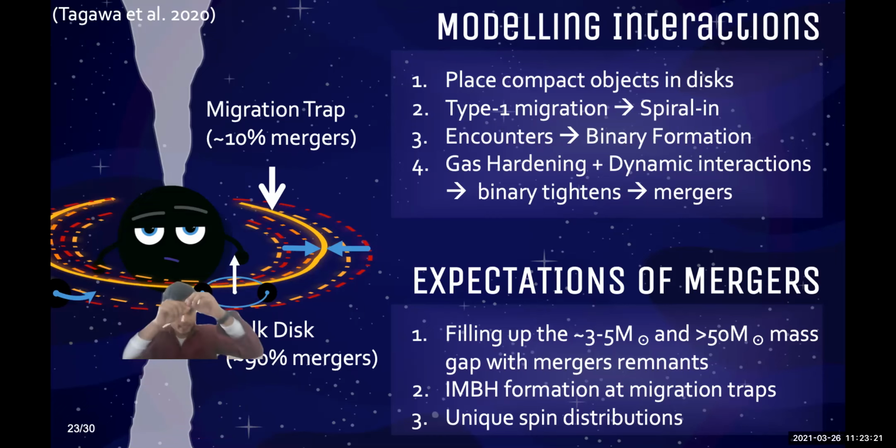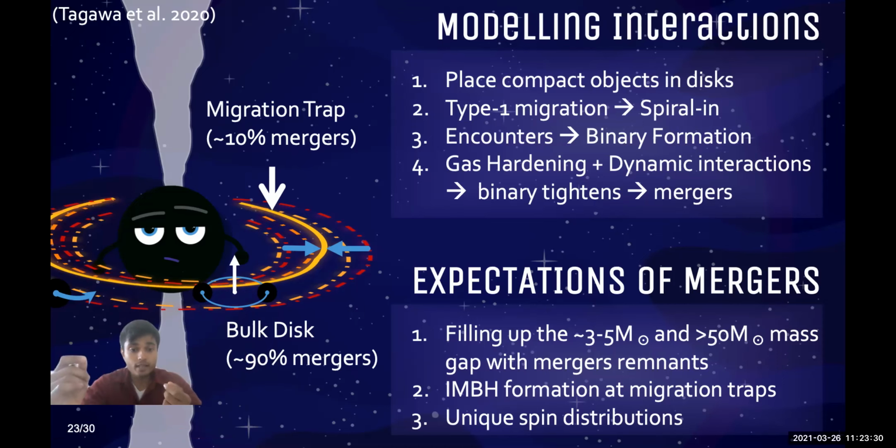And so it becomes like a ring of a trap almost where these compact objects can get stuck. And finally, we have unique spin distributions for these black hole binaries.